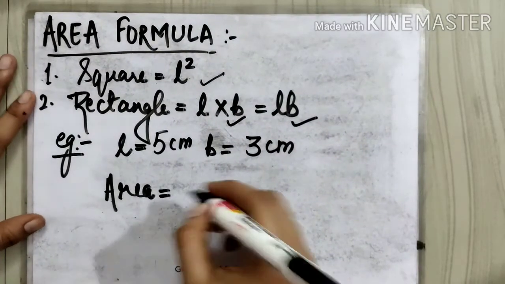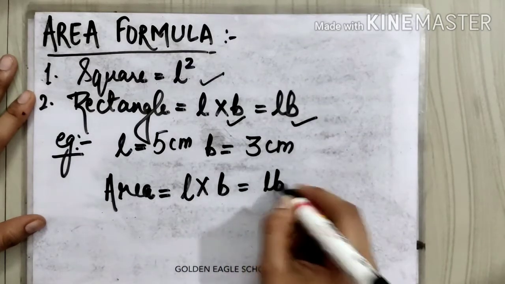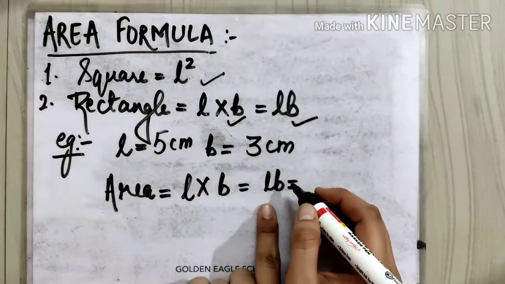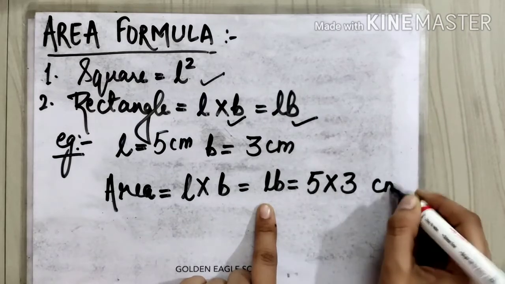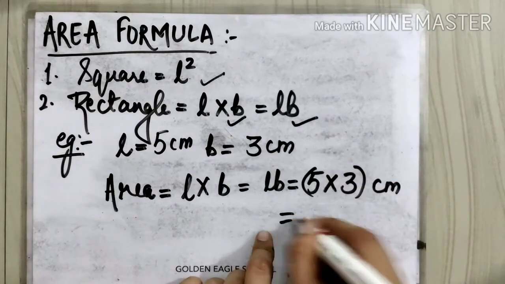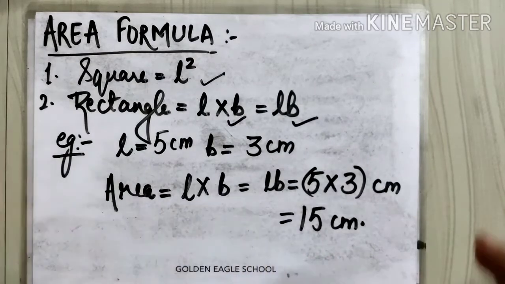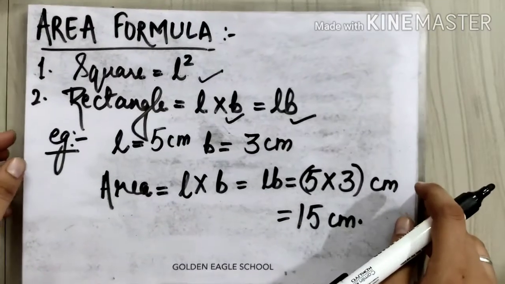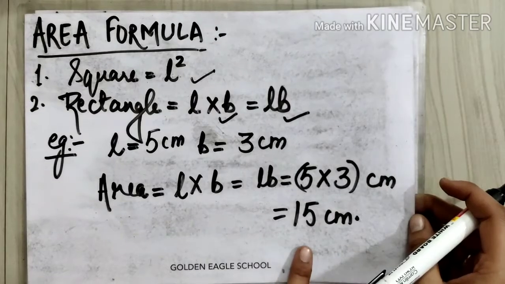We know that the area of a rectangle is L into B, or LB. So, we can write down the values in the formula. This will be 5 multiplied by 3 centimeters, that is 15 square centimeters. So, it becomes easier to solve, right? Algebraic expressions have helped us here.